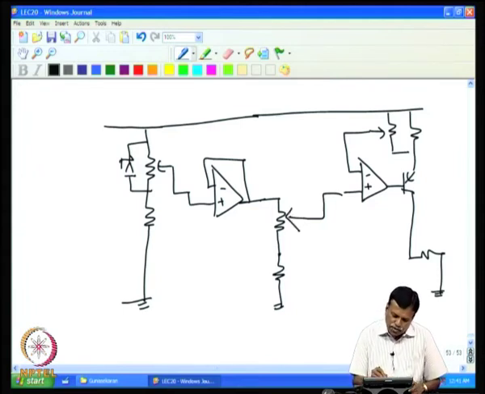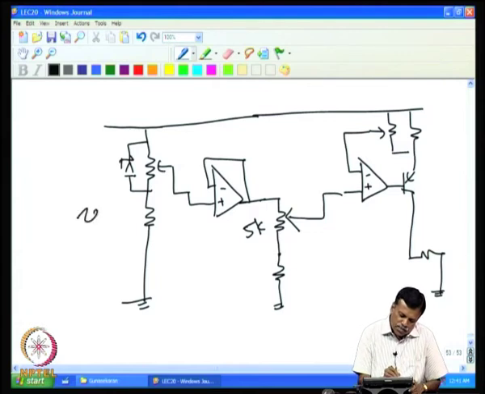So, this is the potentiometer, for example 5K, which determines the position of the mechanical system. Now, for example, if the potentiometer is not physically going to one end, then one can adjust this as a 0.